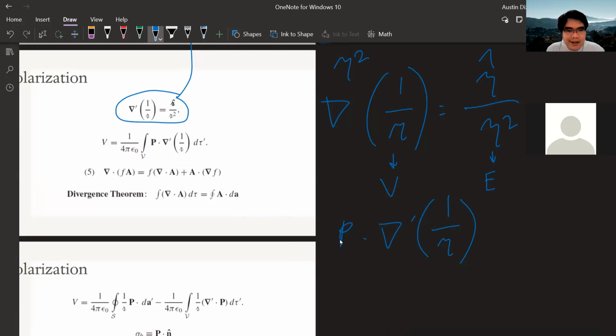Okay, mapapansin ko that this could be A dotted with some gradient of scalar function f, which is yung 1 over r natin. Okay?